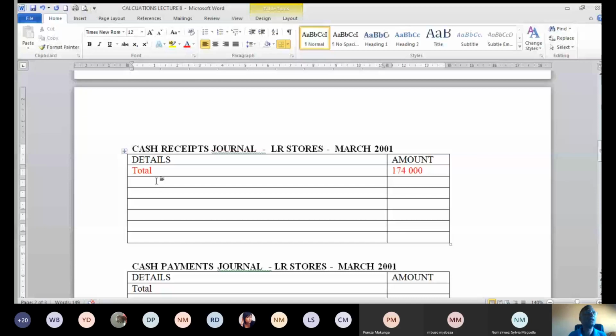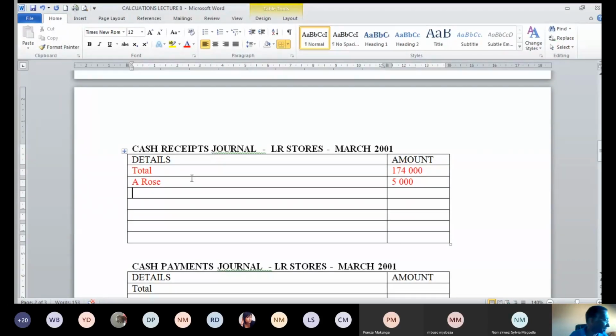He went to the bank to deposit the money directly into the business's bank account. So in our cash receipts journal, we will now have an entry for that: Mr. A. Rose has paid us. So you will have A. Rose, and A. Rose paid us 5,000 Rand. We call that a direct deposit.